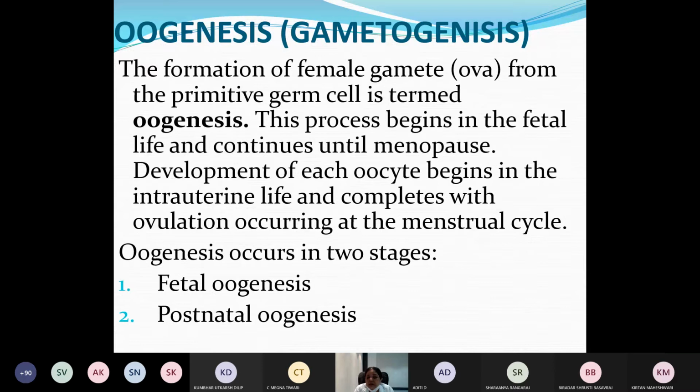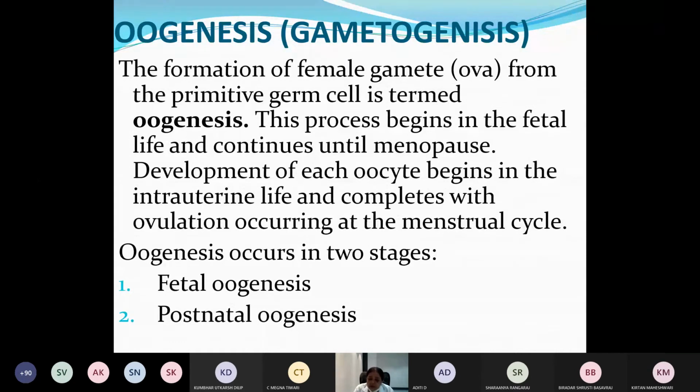This process begins in fetal life and continues until menopause. So, development of each oocyte begins in intrauterine life and completes with ovulation occurring at the menstrual cycle.